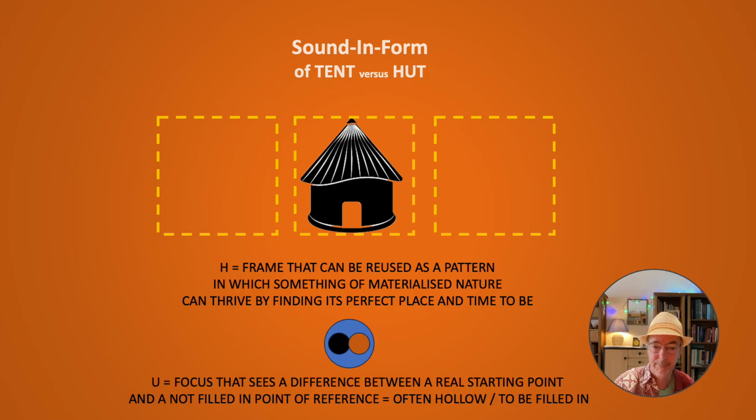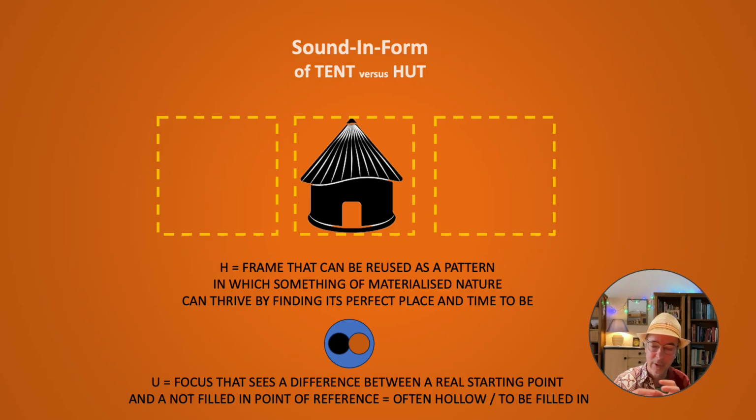The next letter will be the U. The U, in my scheme, you can read it. It's that focus upon a place, upon an object, where you will see differences. What kind of difference will you see? You will see a starting point which says, okay, this is a bit more real than the things that I don't see very well. So I make a difference between a choice in starting point where you say, this is the real thing, and this is the thing that I still need to fill in a bit.